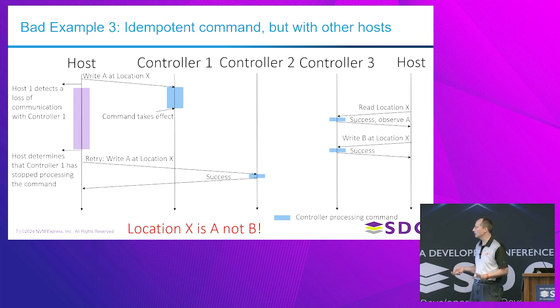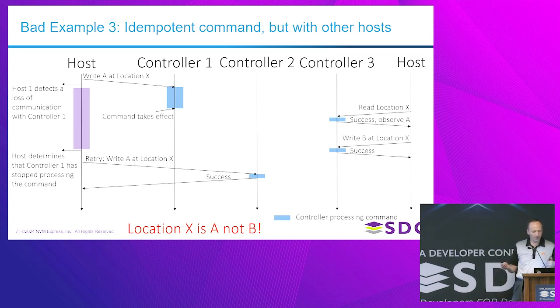I've got a command to issue that I want to find out what happens with it. And so I issue the write, which is an idempotent command. And I get back success, and I'm like, okay, this is great, but we no longer think we got to step B in the distributed process. And so we still have a problem. Even though this was an idempotent command that we're dealing with, because there are multiple hosts involved, this wasn't the right tool to use.